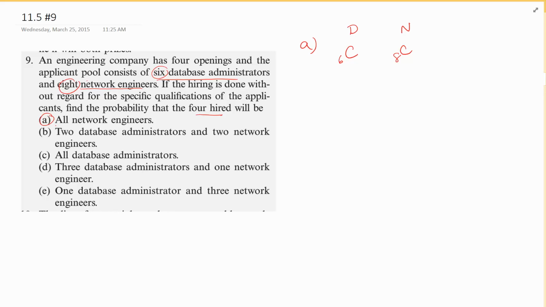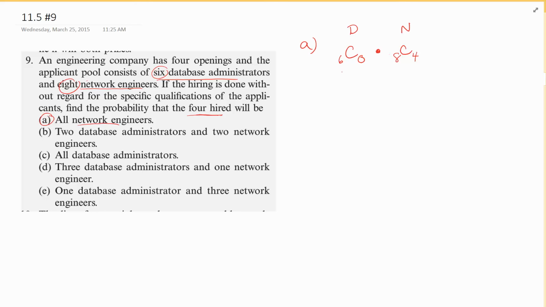Now in this first situation, I want all network engineers. And remember, I'm hiring 4 people. So I want all 4 to be network engineers, 8 choosing 4. So that means I'm choosing 0 database people. You take each combination and you multiply those together to find the number of ways to find that selection.